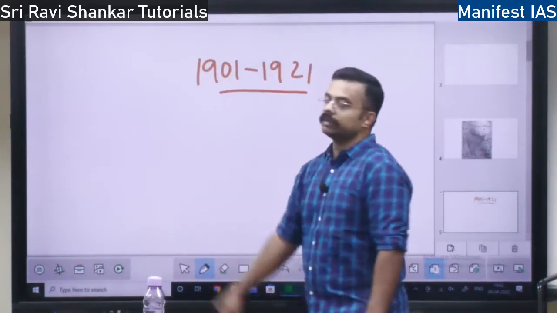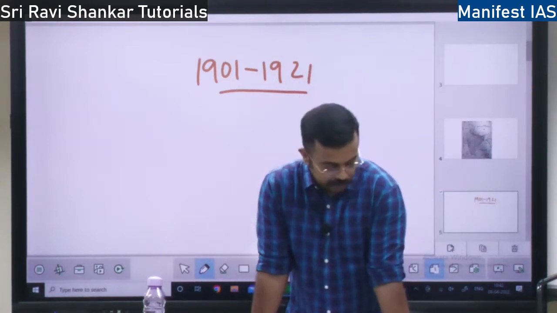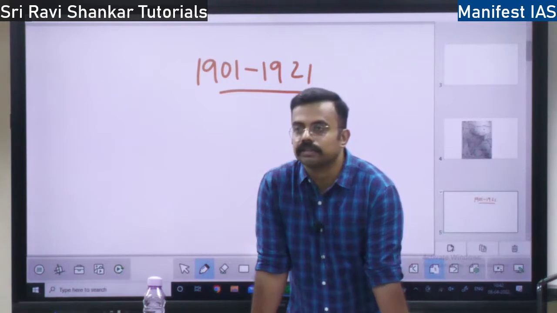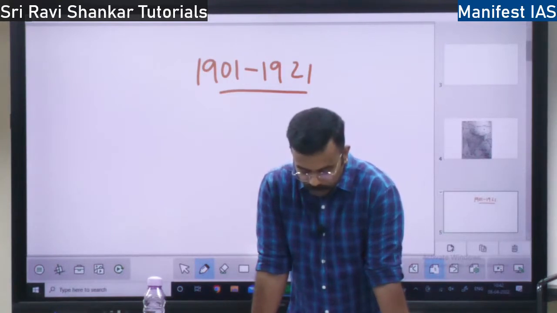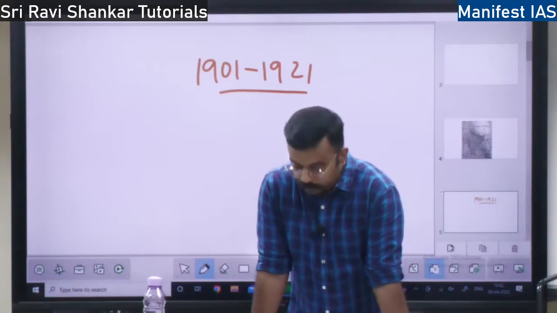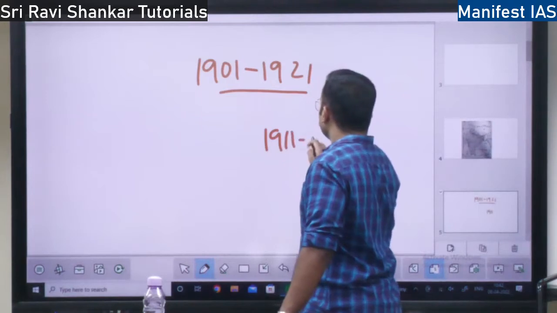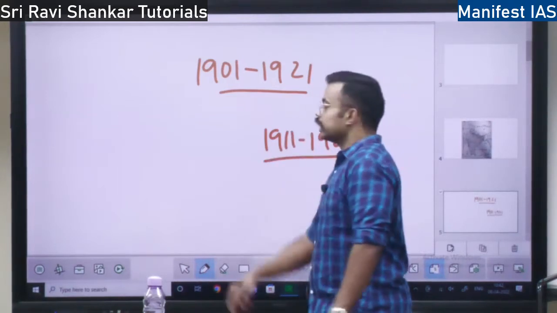This phase is termed a phase of stagnant population, or the population was stable, right? So there was very low growth of population, and during 1911 to 1921 there was a decrease in population as well.